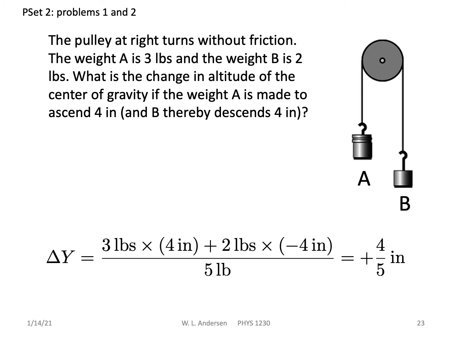And we divide by the total weight, 5 pounds. If you work that out, you get 4/5 of an inch, positive 4/5 of an inch, meaning that the center of gravity increased in altitude.